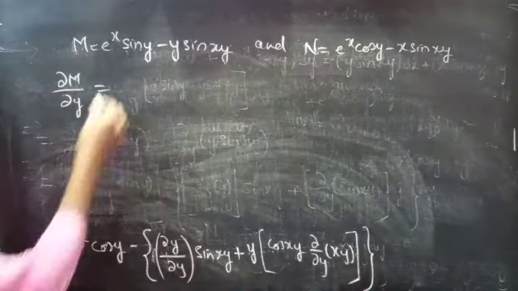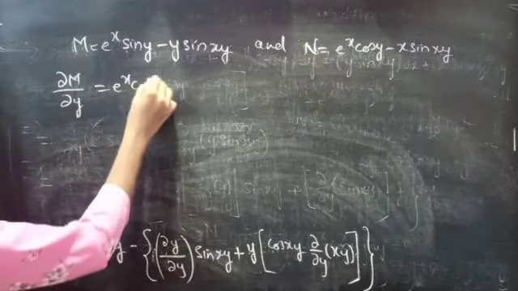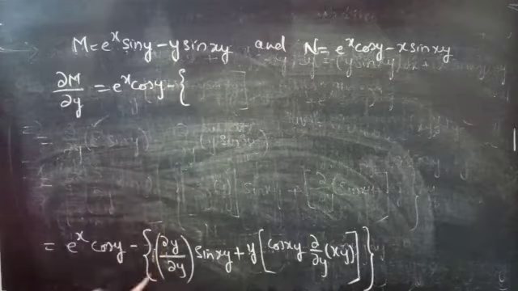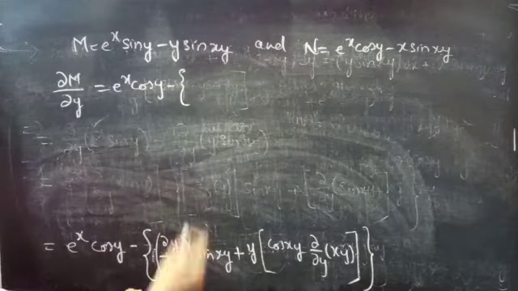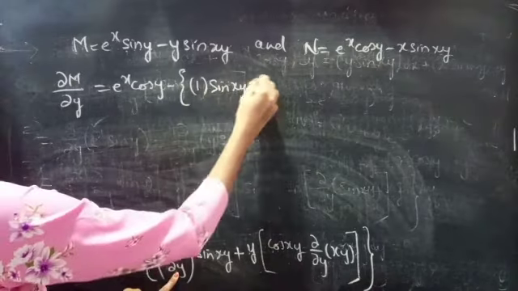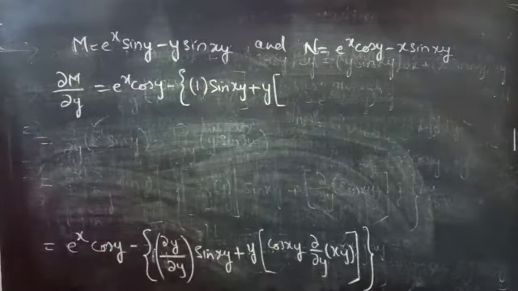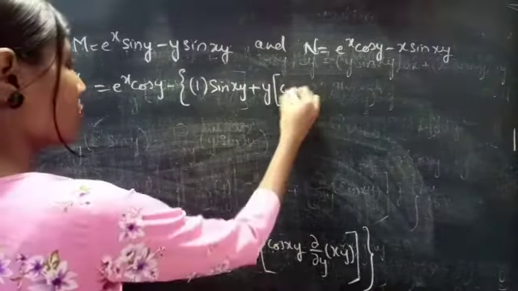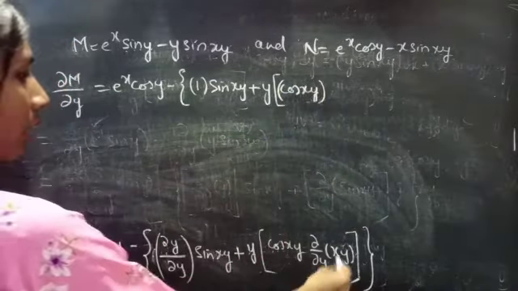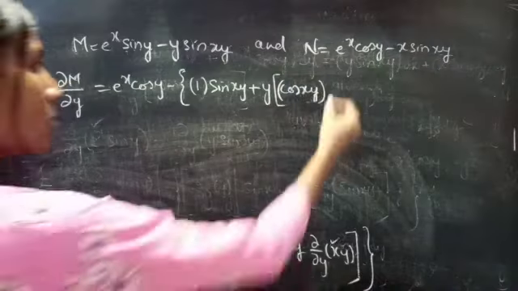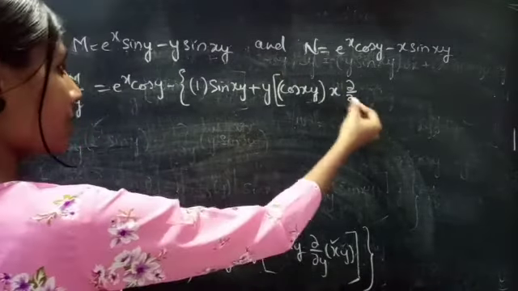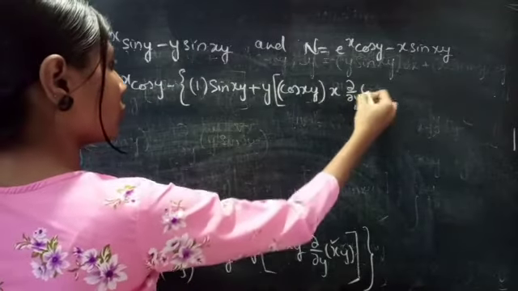This equals e^x cos y minus of the derivative of y with respect to y, which is 1, into sin(xy), plus y times cos(xy) into, here x is constant, so separate it from the derivative. You can write this as x into ∂/∂y of y.